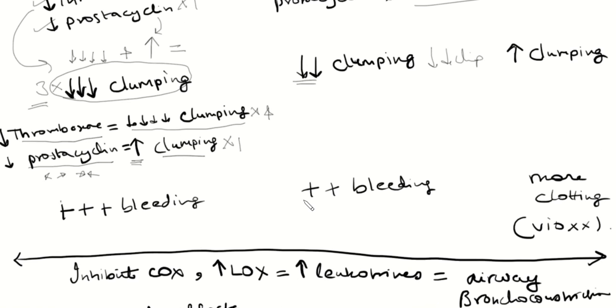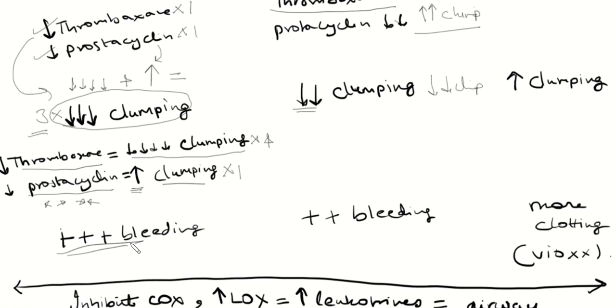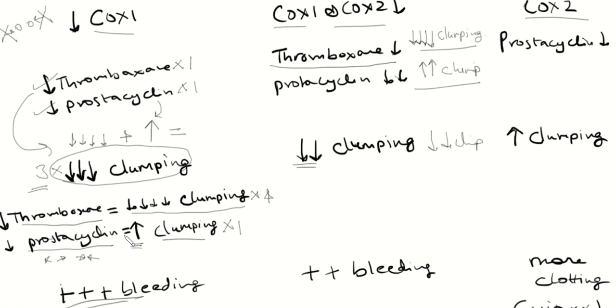So which one do you think will cause more bleeding? You got it. The COX-1 inhibitor causes more bleeding, and it causes, again, these platelets not to stick together. So the good part is if I'm giving this medication, and I don't want the platelets to clot, this would be very effective, such as after an MI for secondary prevention of MI.